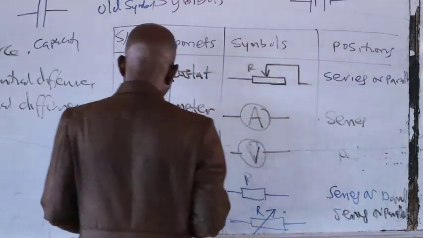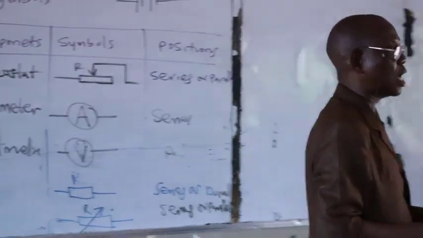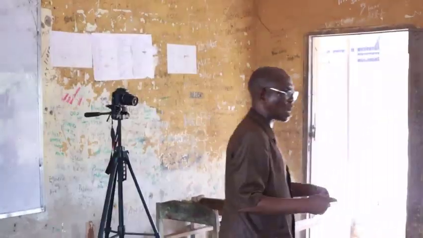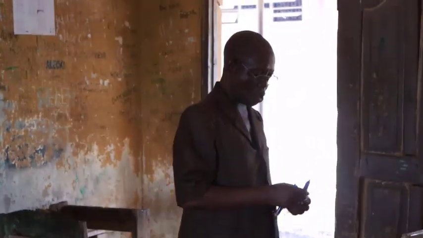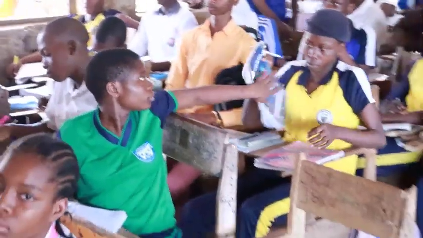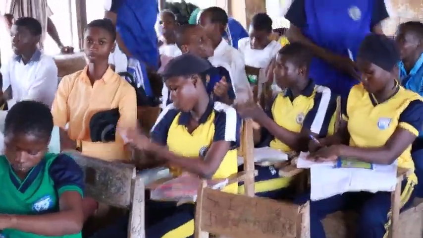So I will continue from the 8th component. We need a potentiometer, we need a meter bridge. So after all these components, you can now join together and we take your reading. So far so good. I will meet you on Saturday to see what you can do.